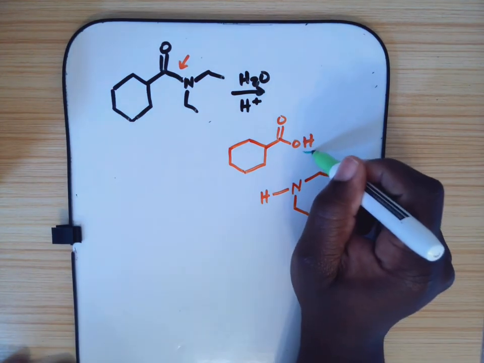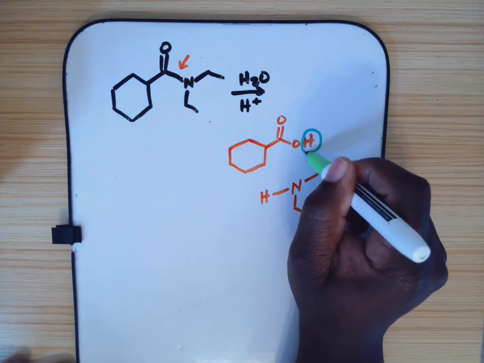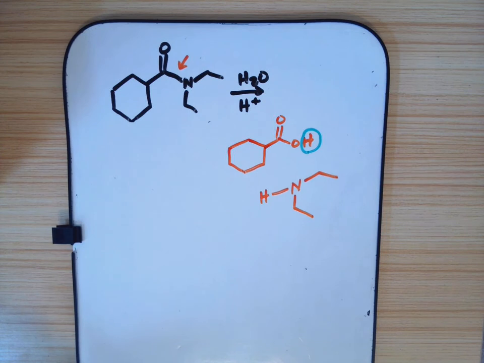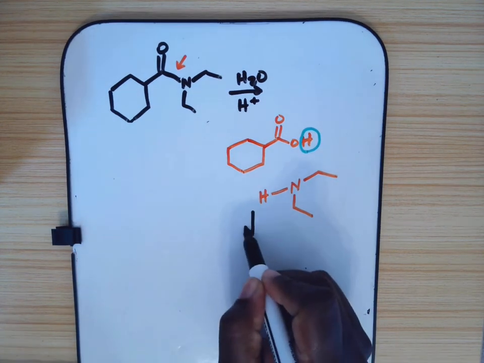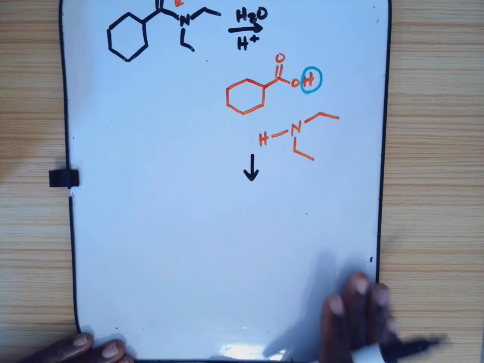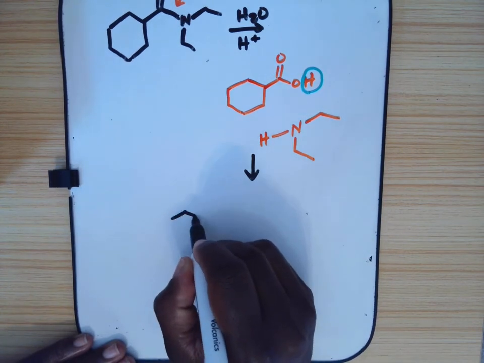Instead, this proton, so that hydrogen ion, will be transferred from that acid to that base. So the actual products of this reaction would be the conjugate base.